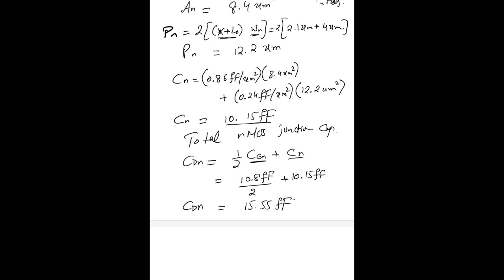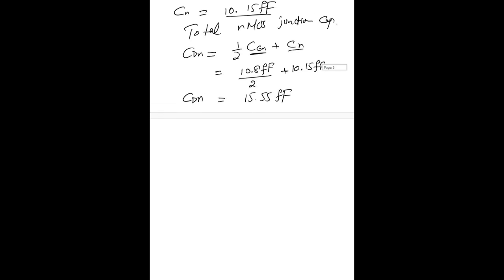So we can say that the total capacitance would be the sum of the PMOS junction capacitance and NMOS junction capacitance. So the CMOS capacitance will be equal to CDP plus CDN.